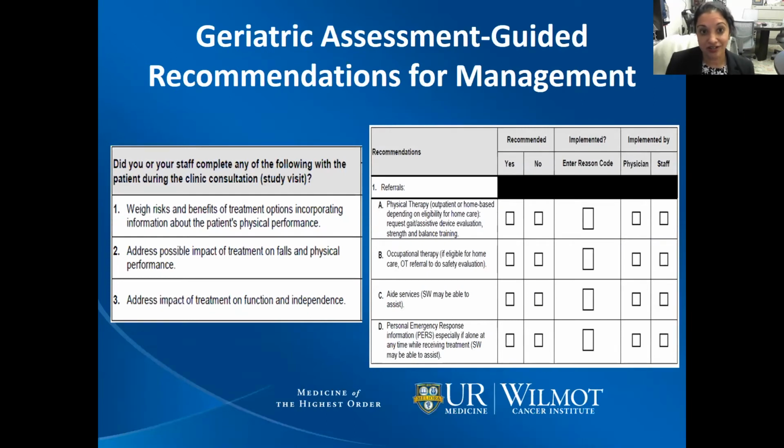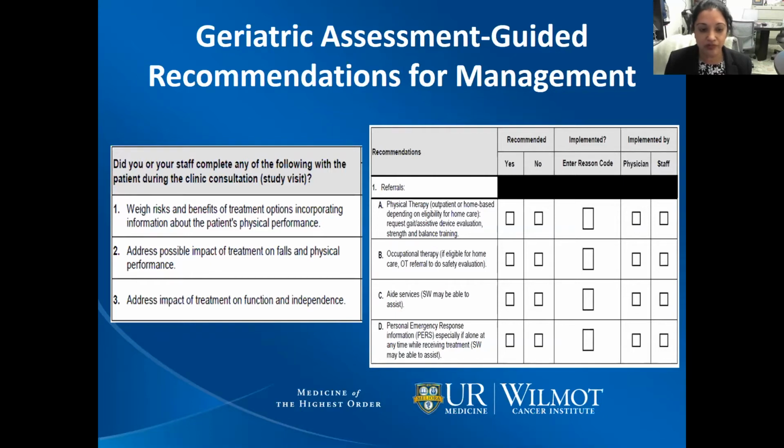In addition, the oncologist received two pieces of information for recommendations, one being a communication intervention recommendation list, where the oncologists were asked to really think about the risks and benefits of treatment in light of that impaired domain. Think about that impaired domain as an outcome.